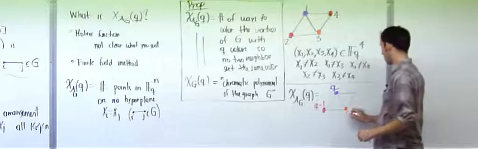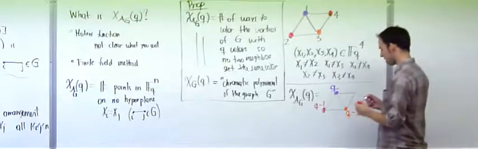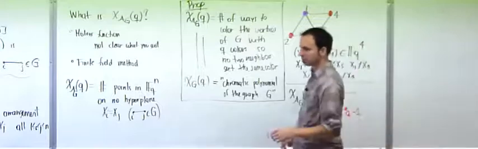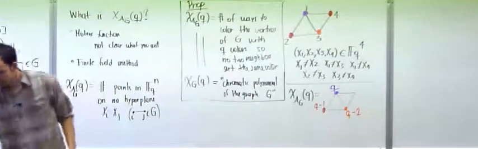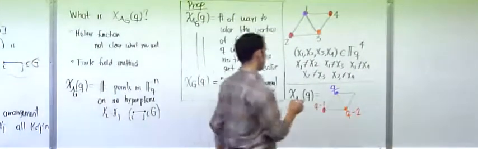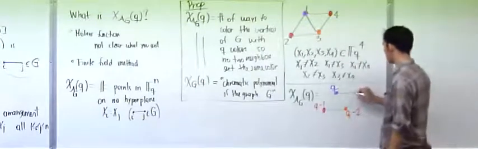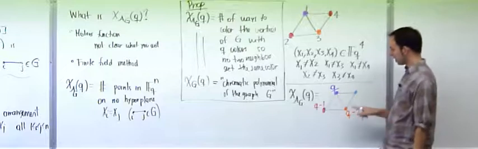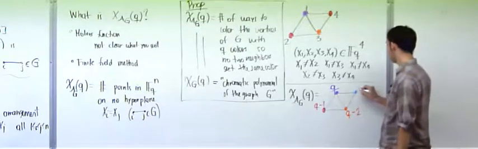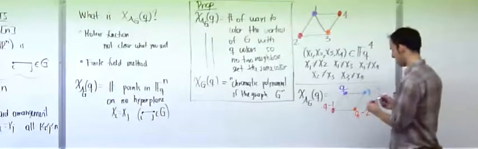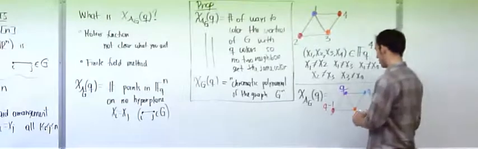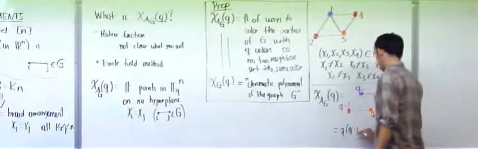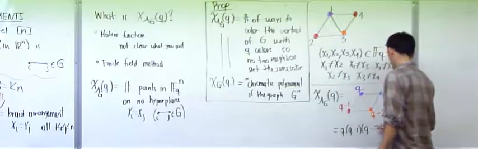And then this one, how many choices are there? Q minus 2 because, again, you have Q colors, but you can't use this one, you can't use this one. And so the characteristic polynomial of this arrangement is Q times Q minus 1 times Q minus 2 squared.